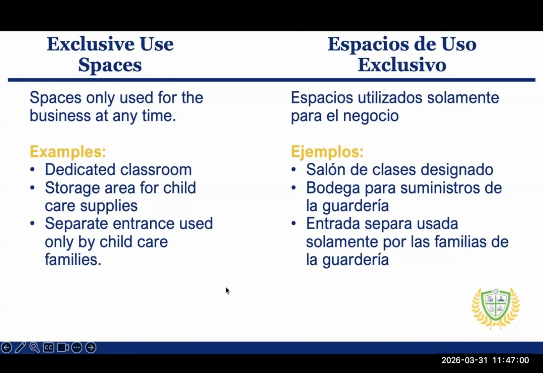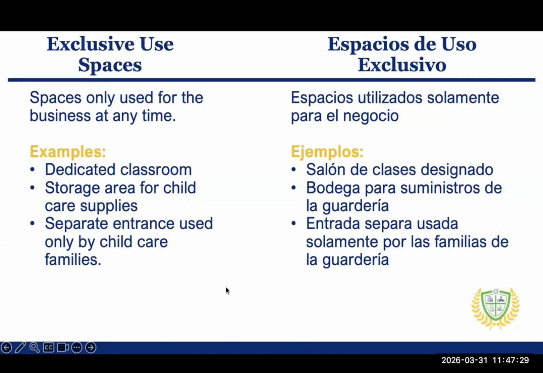Some examples of exclusive use spaces might include a room set up as a dedicated classroom, a storage area for childcare supplies, or a separate entrance used only by childcare families. But the critical factor here is that these spaces are 100% business use.